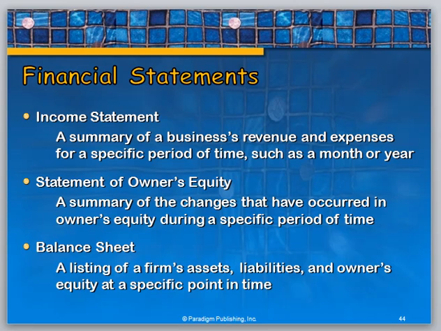If you have more expenses than you have revenue, you have a net loss. Just like with you and I and our personal checkbook, if we have more money than we have bills, then we've got a net increase, and if we've got more bills than money, we're in the red. We've got a net decrease.